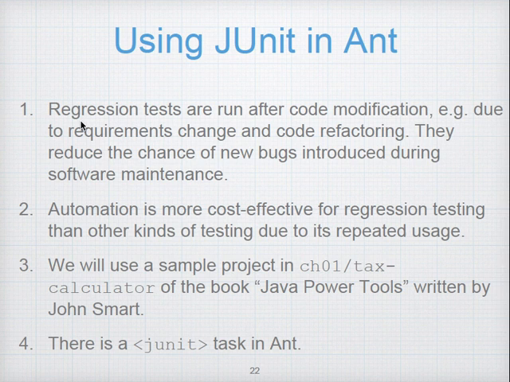So regression tests basically test whatever we know has been working before, and we want to test it again to make sure that it continues to work. So the regression test is not necessarily to test the new feature. In fact, it tests the old features not affected by the new software change.